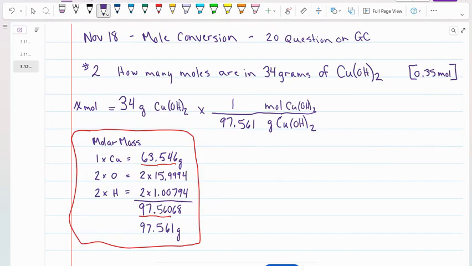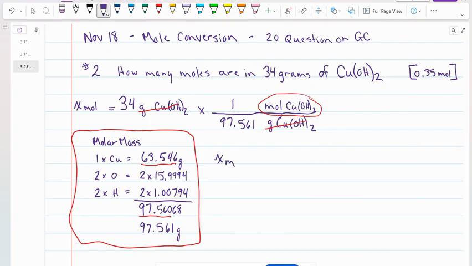Okay, now that is just set up fairly quickly, and if we look at our units, we've taken grams of copper hydroxide, and we now have moles of copper hydroxide. All right, we know that we are pretty good with that. So I'm just going to start on the next line because my molar mass is in the way.